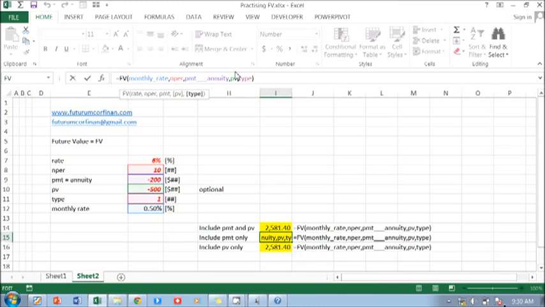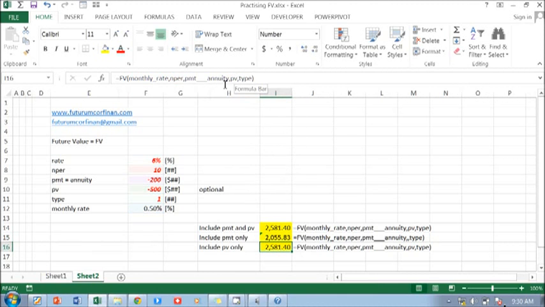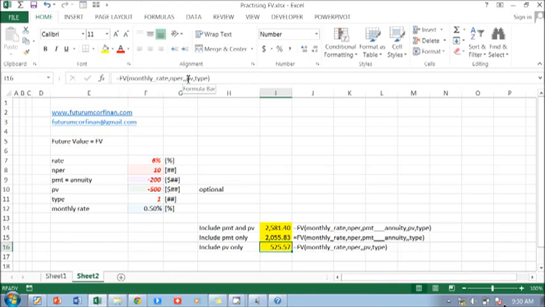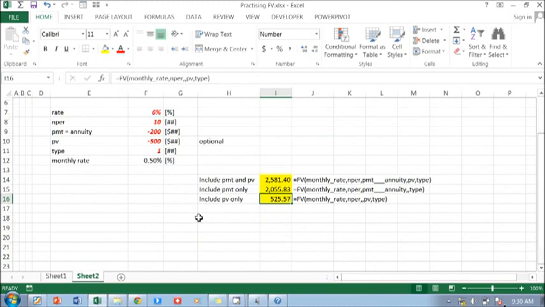You can blank it if you want. And then for the PV only, for the PMT I will just put it blank. You can delete it if you want. So we have different results.